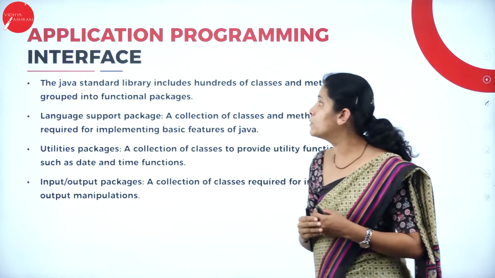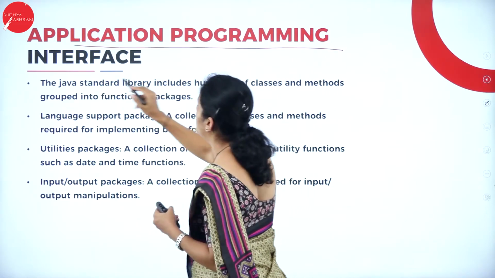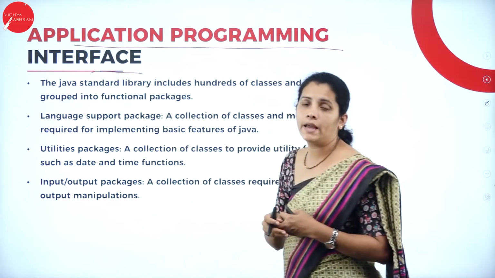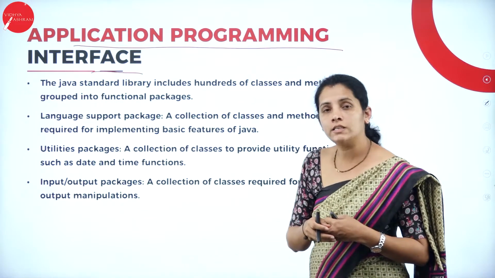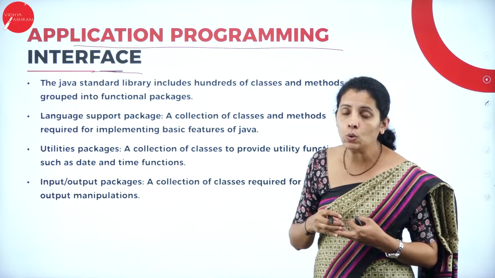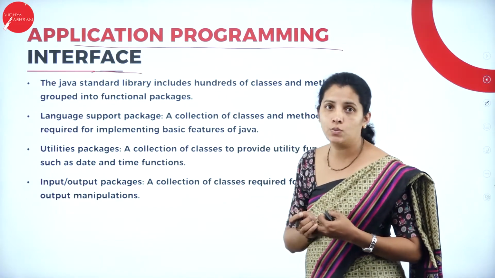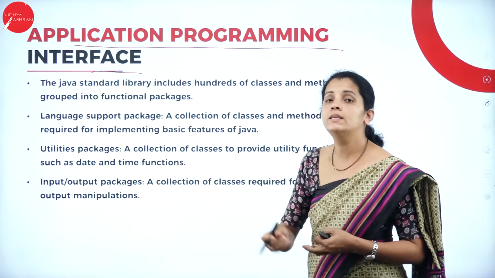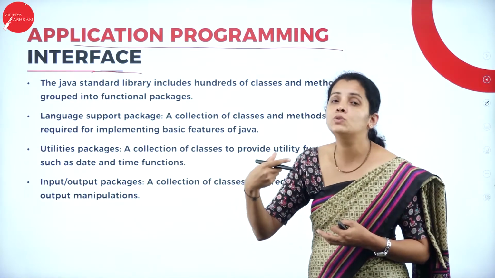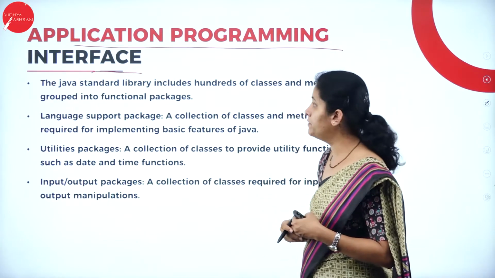Moving further, I'm going to have the application programming interface. So what is API? It is nothing but the standard library. So what does this library include? Here the library includes classes as well as methods. These classes and methods together are called the application programming interface.